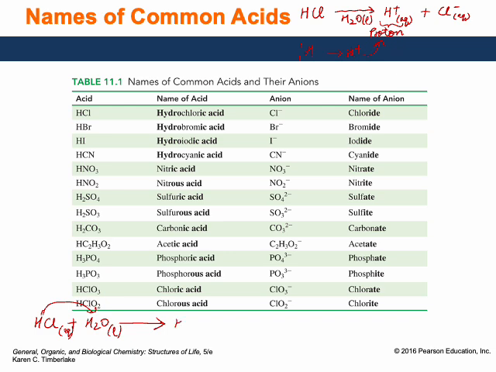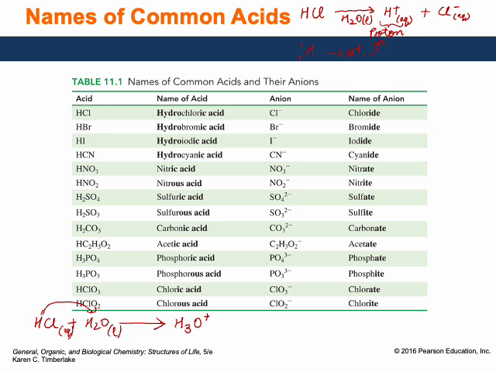Water will accept it. It will have one extra proton, so instead of H2O, it now will be H3O plus. Why plus? Because it accepted that one extra proton and that proton had a positive charge. So now the whole molecule here will have a positive charge, an ion here.